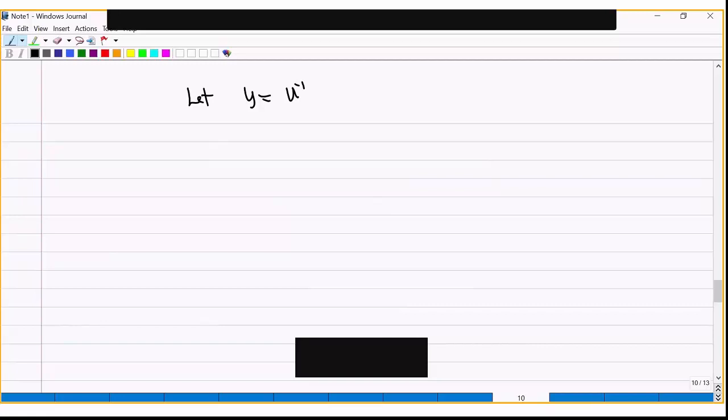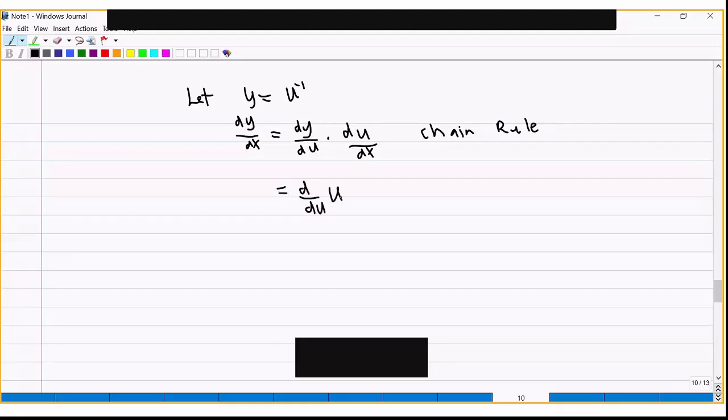So how do you find dy/dx now? dy/dx is equal to dy/du times du/dx. This is called the chain rule. But what is y? We now know that in terms of u, y is u to the power minus 1. So differentiating u to the power minus 1, you get minus 1 times u to the power minus 2.